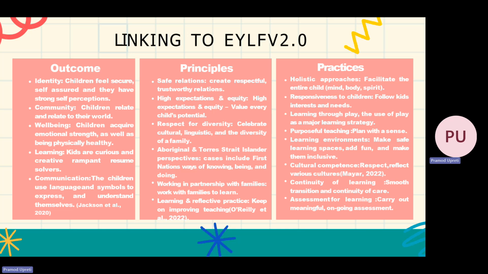The practices include using holistic approaches, being responsive to children's interests and needs, encouraging learning through play, creating inclusive environments, and using ongoing assessment. By aligning curriculum decisions with these outcomes, principles and practices, educators ensure that every child experiences learning that is meaningful, culturally respectful, and developmentally appropriate.